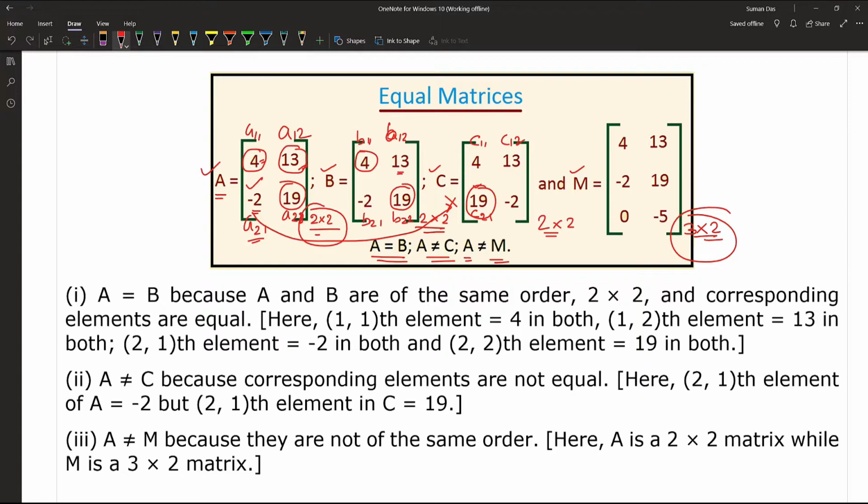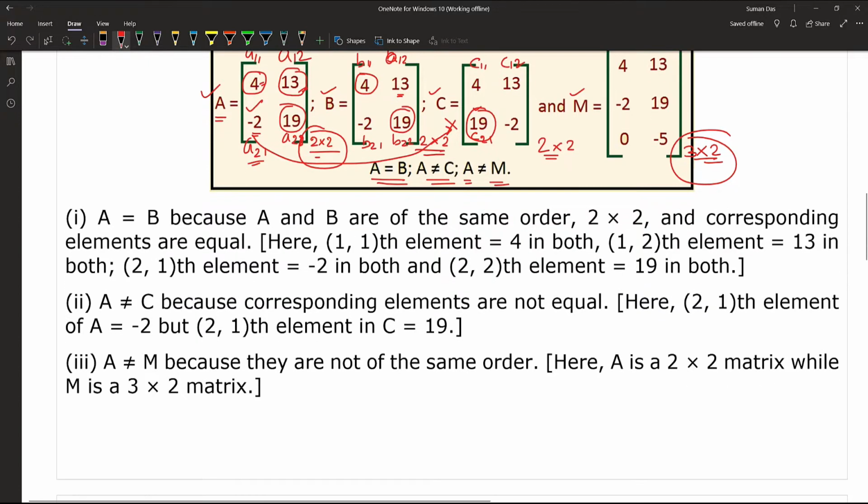So how can we find equal matrices? That has been described here. A is equal to B because A and B are of the same order 2 cross 2 and the corresponding elements are equal. Here the 1 1 element, A11, is equal to 4 in both, the 1 2 element is 13 in both, the 2 1 element is -2 in both, and the 2 2 element is 19 in both.